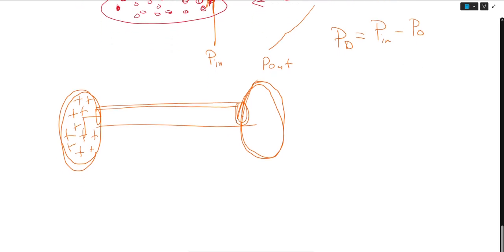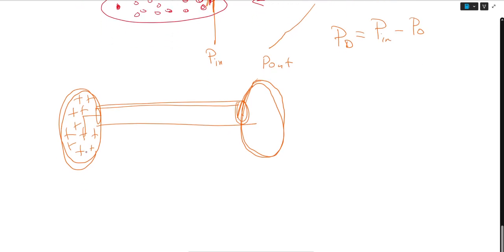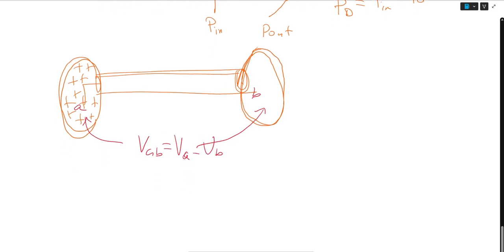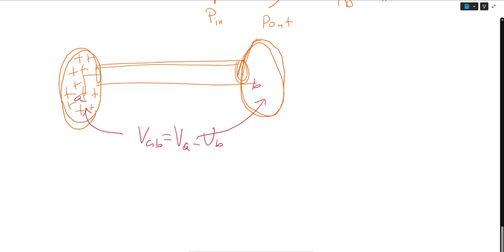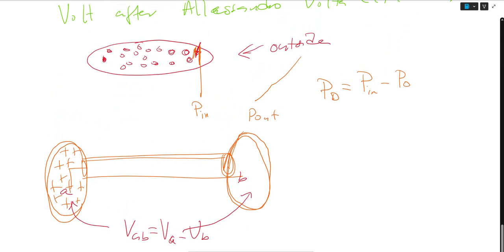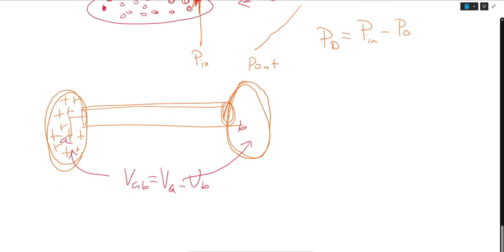Again, I'm writing this in very simple terms, but all we do is now the difference V, so let's say this is A and this is B, VAB is equal to VA minus VB. So that's all voltage is. It's just a difference in voltage, or a difference in pressure of electrons enclosed in a certain area.